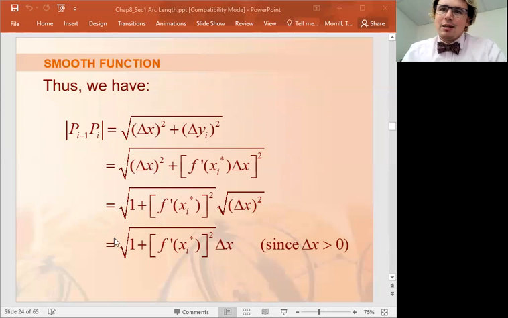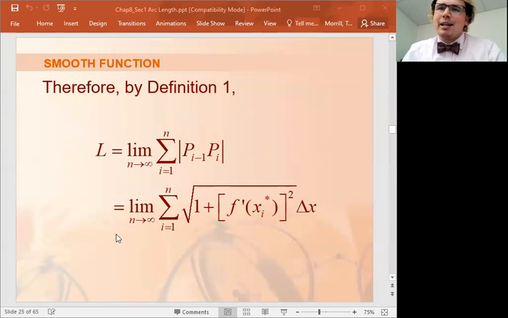Okay, so my Riemann sum looks like this. The summation i goes from 1 up to n. My summand is the square root of 1 plus f prime of x star squared, all times delta x.